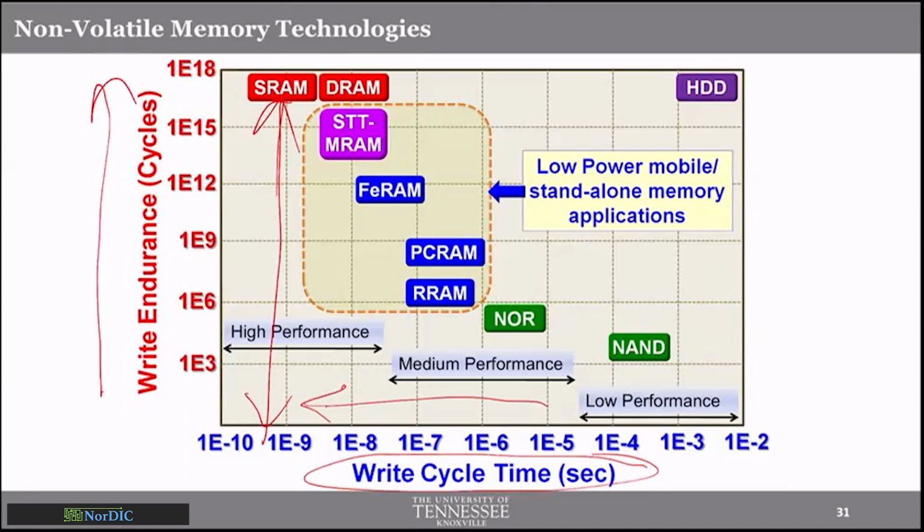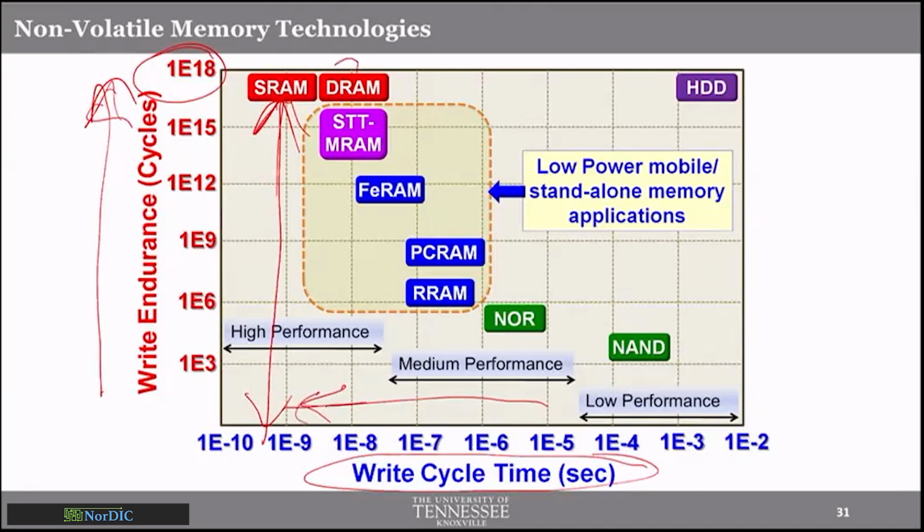You can literally read and write from them 10 raised to 18 cycles. Just imagine how many that is, right? 10 raised to 9 is a billion times. So you can keep reading and writing from SRAMs almost indefinitely. That's why they have super high endurance, and they are very fast.